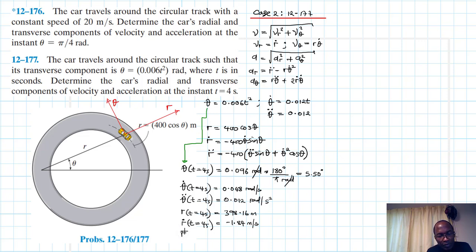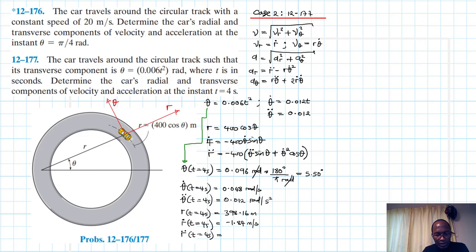Then we have r double dot at t equal to 4 seconds. We are using this equation here. What do we have? Theta double dot, we have 0.012 sine 5.5, right, plus theta dot squared as 0.048 squared times cos 5.5.